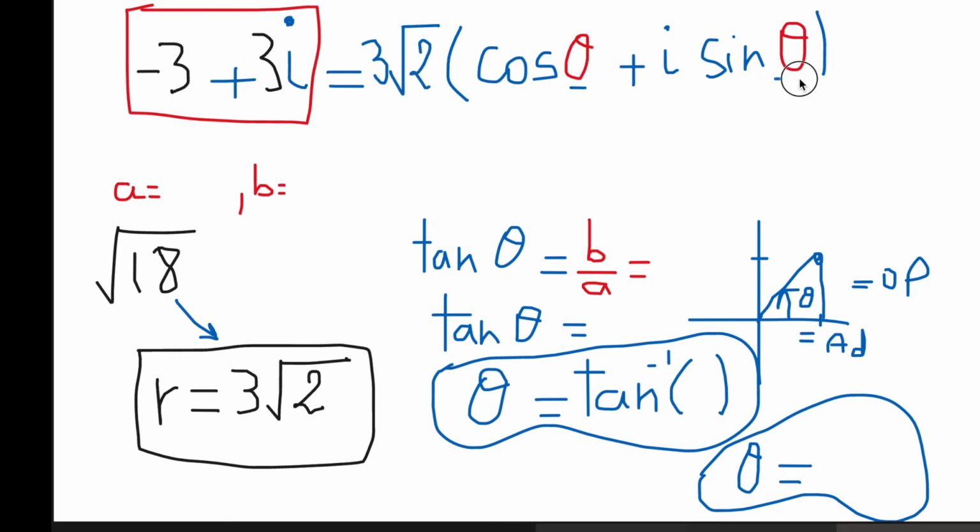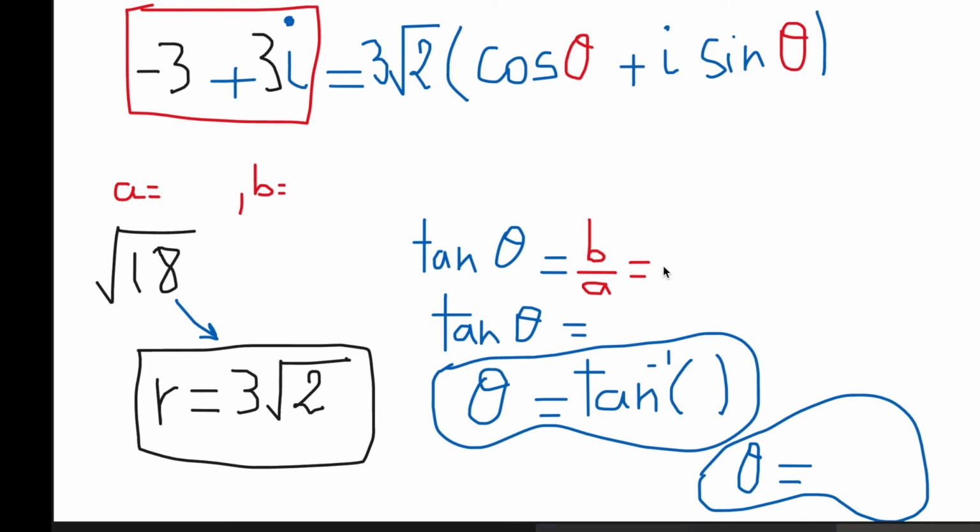Now to find theta, we use the same process, tangent B over A. So B is 3 and A is negative 3, simplifies to negative 1. So we need to find tangent inverse of negative 1. In your calculator, you might get negative pi over 4. However, I would like to show you here that that's not the angle we have to take. Negative pi over 4 doesn't fit our number.